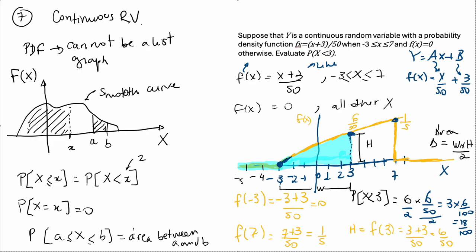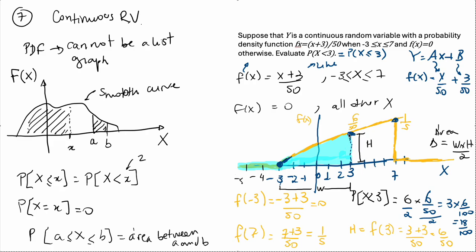Okay? Why would you include 3? Well, you're saying that this is less than 3, but actually it's the same thing, right? x being equal to 3, it doesn't matter if you include or not include 3.